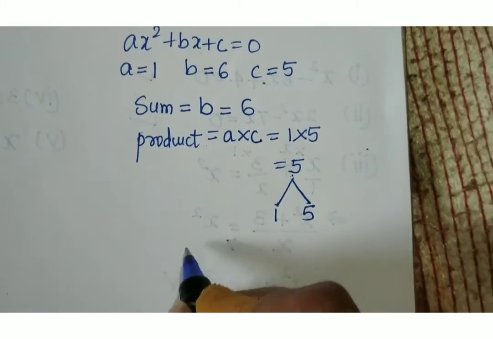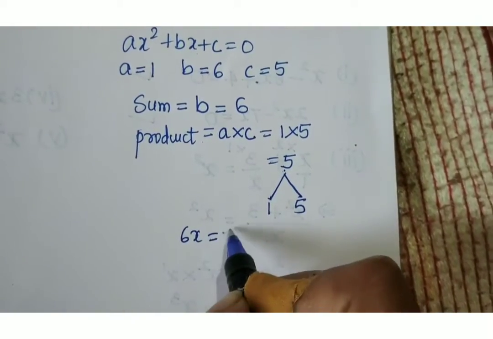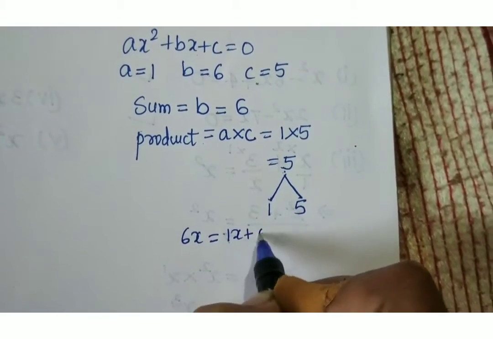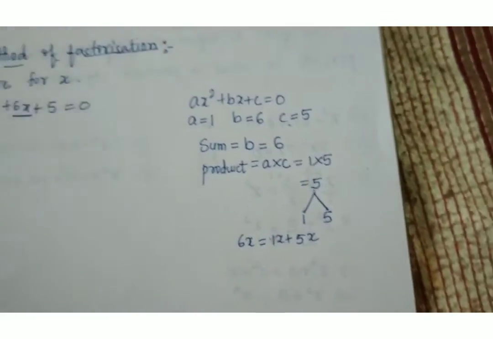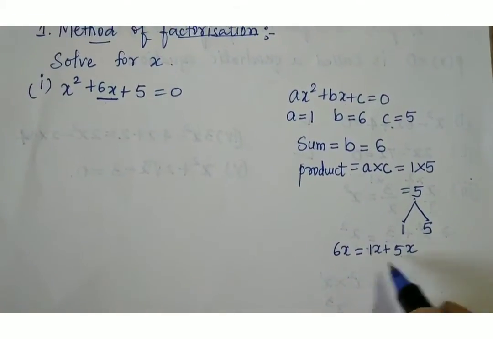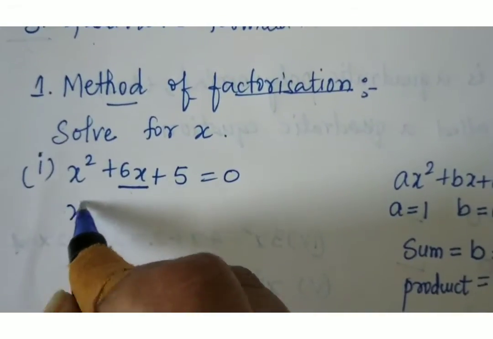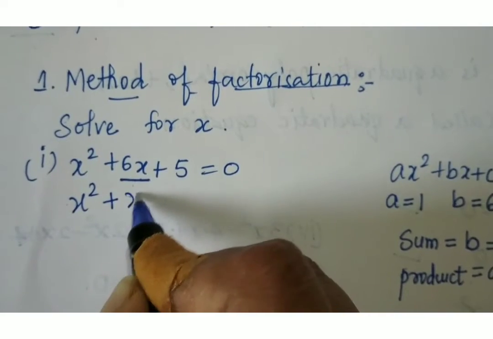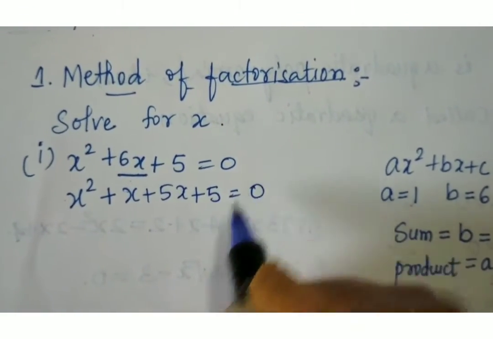Like this we can split this middle term 6x as 1x plus 5x, or simply x plus 5x. So now we will just replace 6x by x plus 5x. So here it becomes x square plus x plus 5x plus 5 is equal to 0.